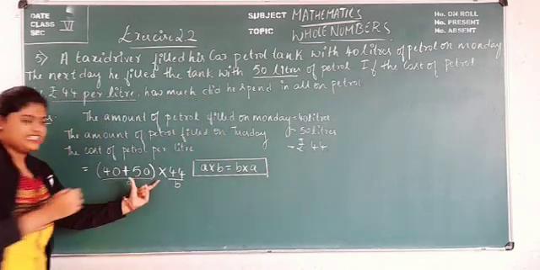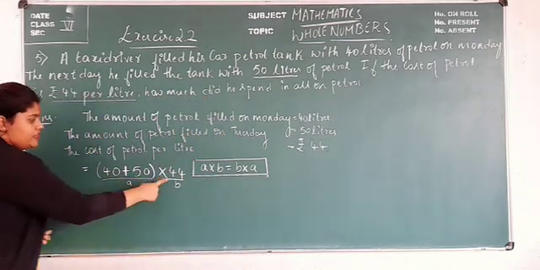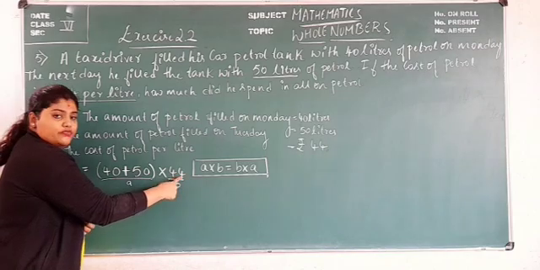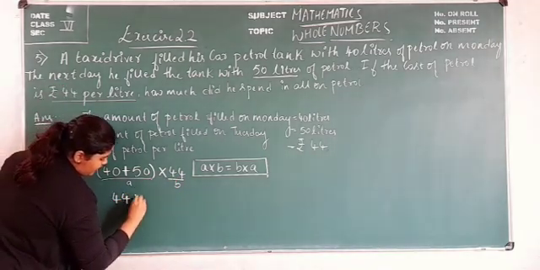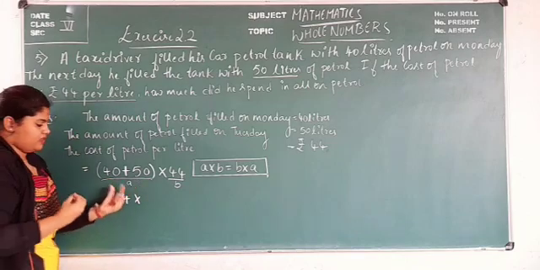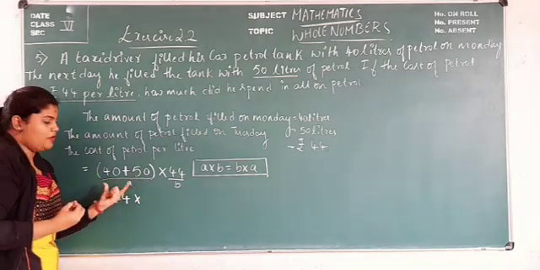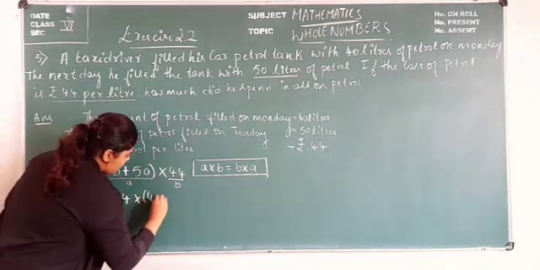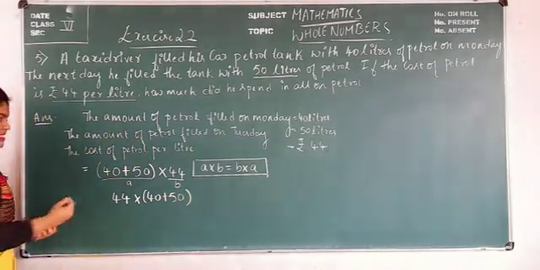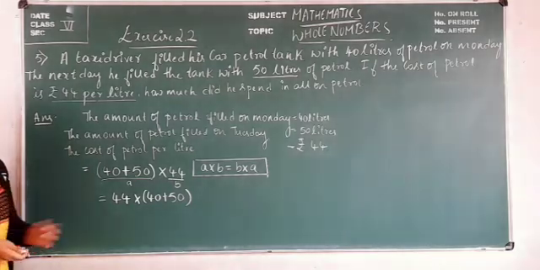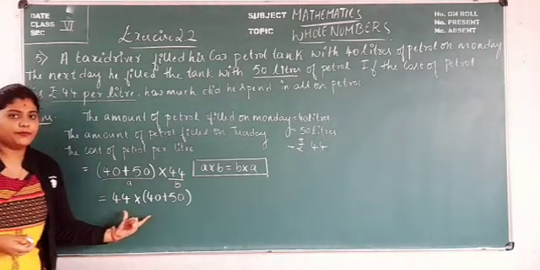So I just interchange the order. First I write B, so I have considered 44 as B. So first I write 44, then into, I will write A, that is the whole bracket, 40 plus 50. Now what is the next step? Which property will we be using here?